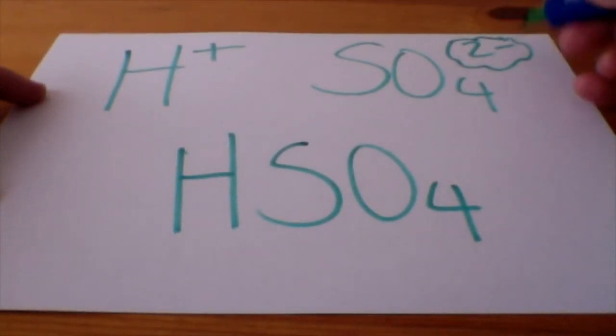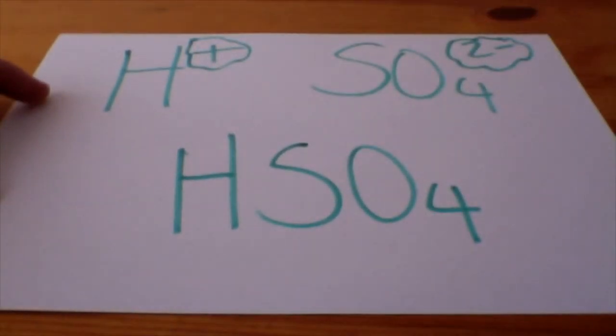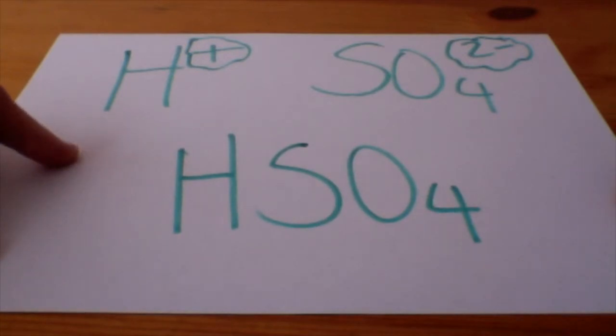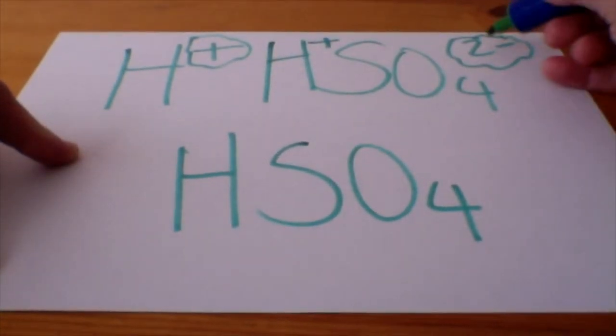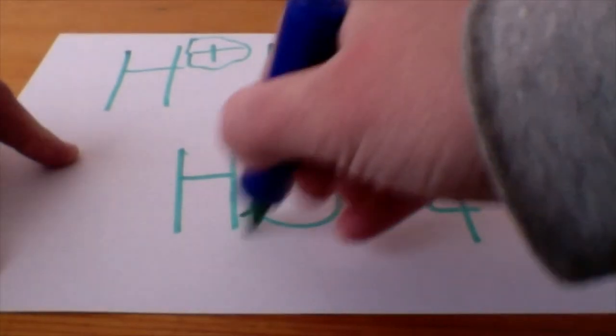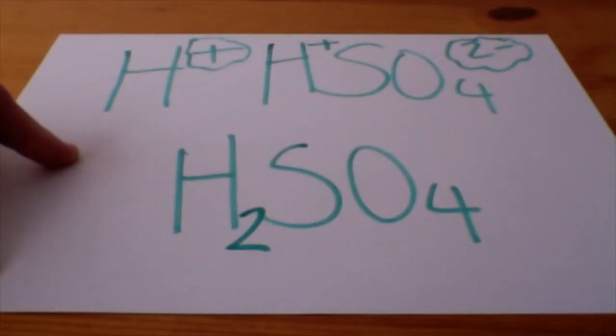We've only cancelled out one of those minuses with this plus, so we wouldn't get a neutral compound. If we want hydrogen sulfate as a neutral, sulfuric acid as a neutral compound, then we need 2 of these pluses to cancel out our 2-, and that's why it's H2SO4.